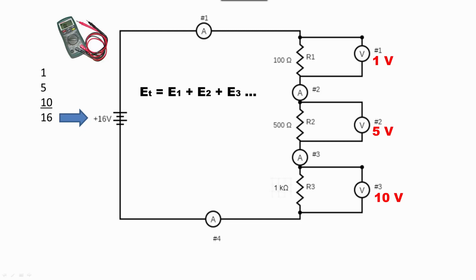Since R3 is 10 times larger than R1, the voltage drop is 10 times as large across R3 as R1. If we look at this circuit, it becomes obvious why series circuits like this one are referred to as voltage dividers, as the source voltage is divided up across the individual resistances.